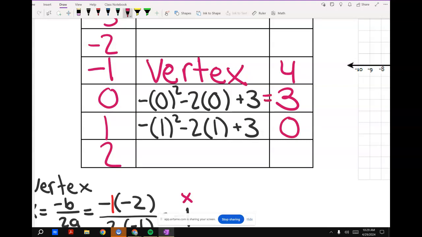And then plugging in 2 now. -2 squared minus 2 times 2 plus 3. That would be equal to, we would get -8 plus 3, which would be -5.